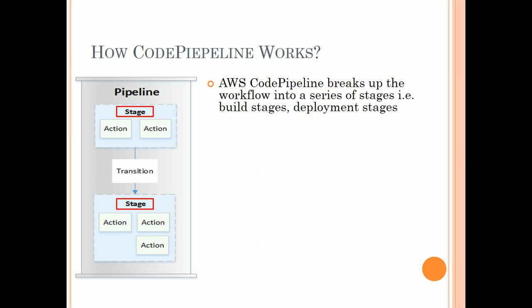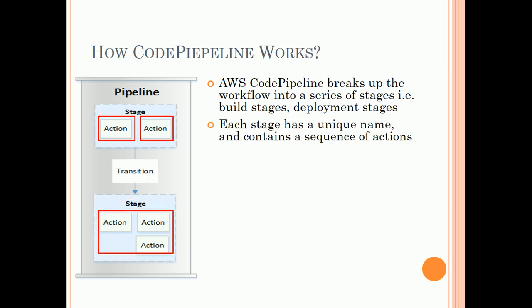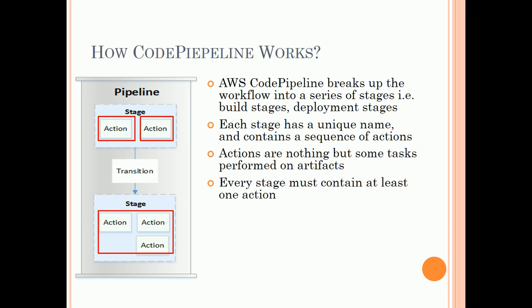We can name each stage in the release process for better tracking, control and reporting, and it must be a unique name. It contains a sequence of actions. Actions are nothing but some tasks that are going to be performed on artifacts. Every stage must contain at least one action.